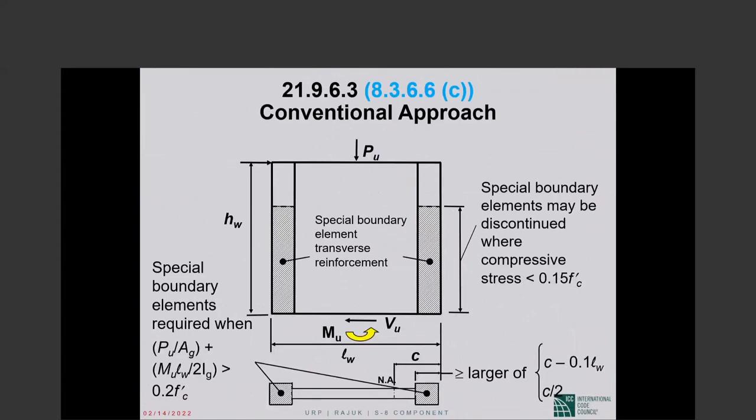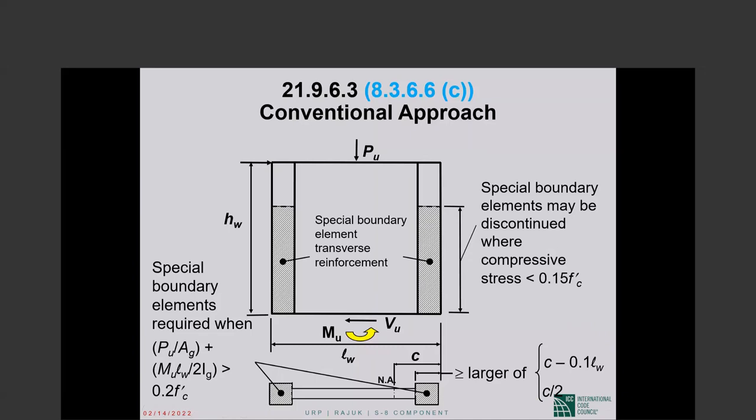Okay. So this is the summary of the conventional approach. If this trigger goes off, if the sum of the two exceeds 20% of F sub C prime, then we shall specially confine parts of our shear wall cross-section. The horizontal extent of the special confinement is the same as in the displacement-based approach. Exactly the same.